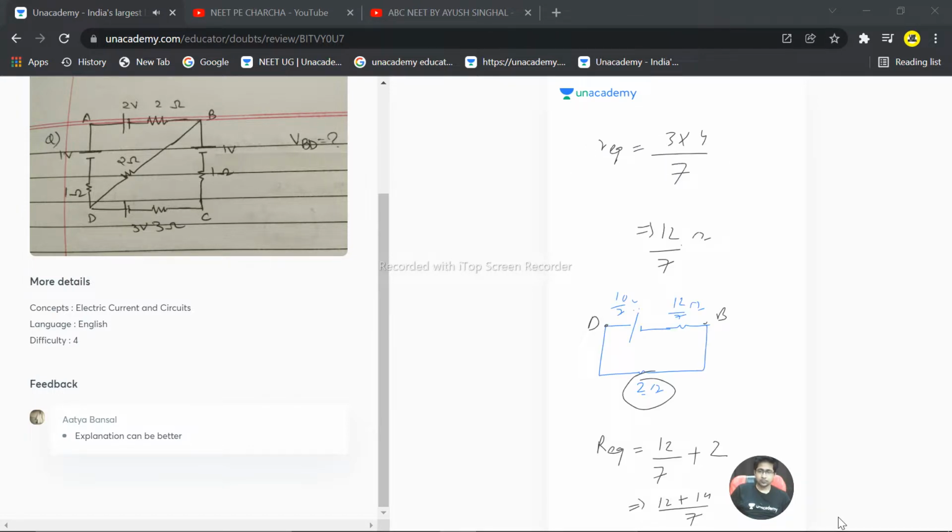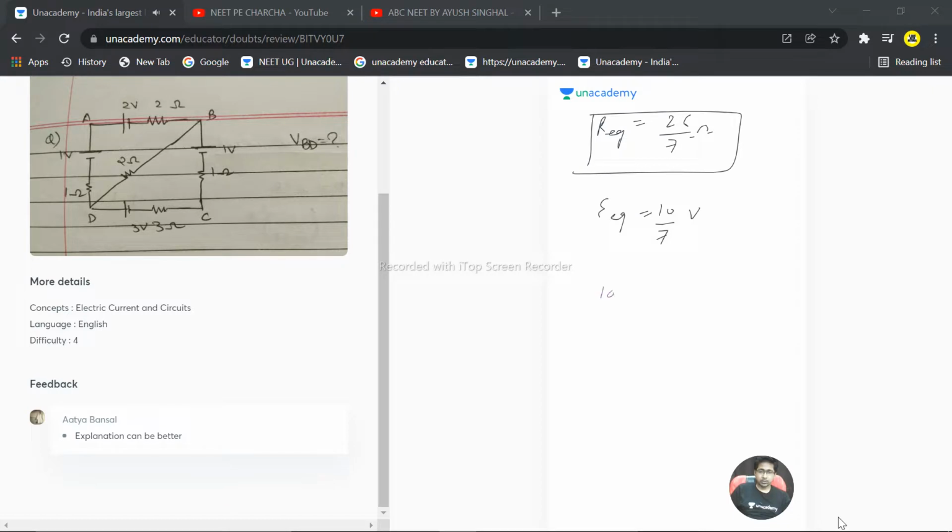So E is equal to I into R, which is 26 by 7. 7 cancels out. We are getting I as 10 by 26, 2 fives are 13 ampere. So I is coming out to be 5 by 13 ampere.